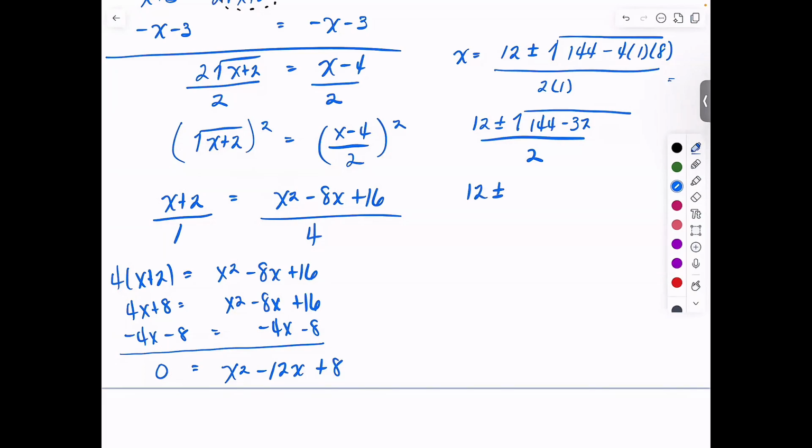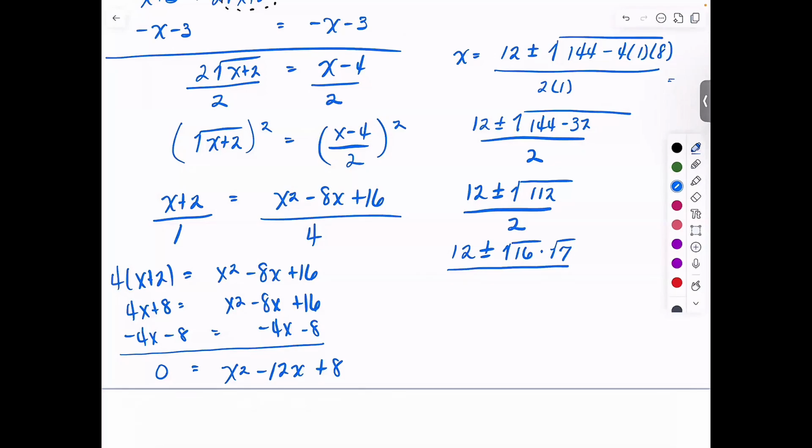And I think it's divisible by 16. So ultimately we have 12 plus or minus root 16 times root 7, over 2. I'm breaking up the root 112 into 16 times 7. 16 times 7 is 112.